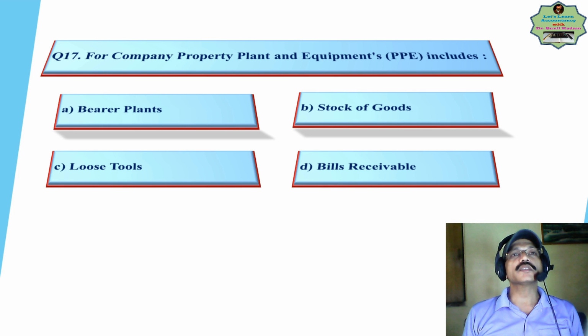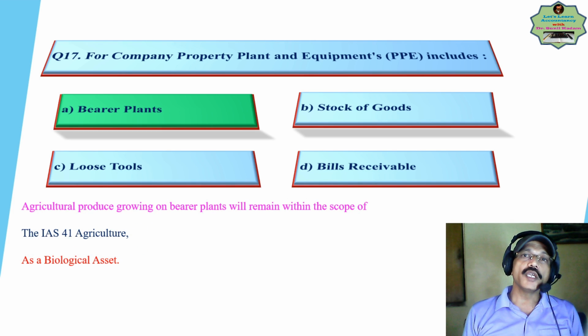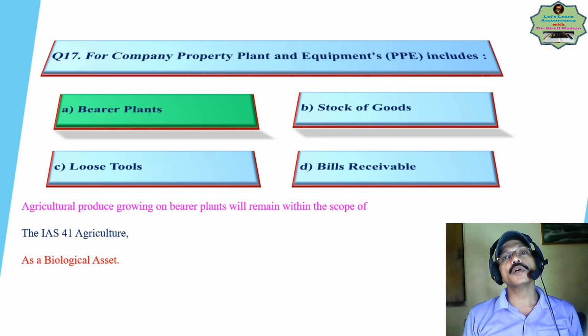Bearer plants is an example of agricultural property, comes under property and equipment of an organization, because Ind AS number 41 on agriculture talks about the bearer plant as a biological asset of a company.